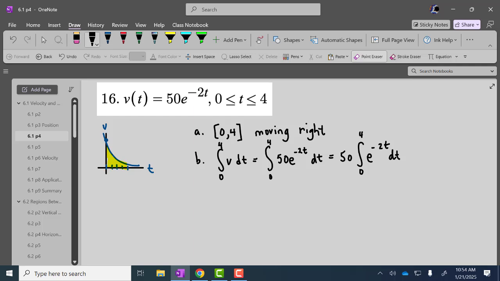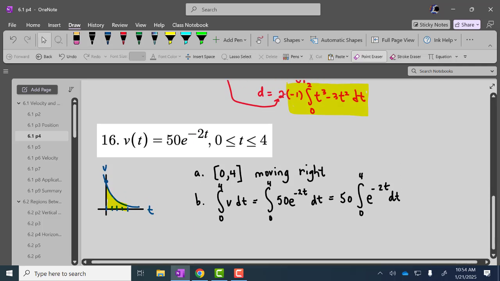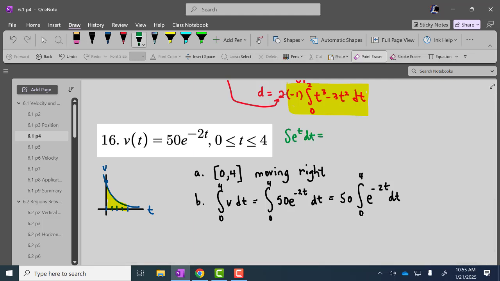There was a technique. It's u substitution. U substitution. So if that was just a t, things would be wicked easy, right? If you were integrating e to the t, what would you get? e to the t. e to the t.